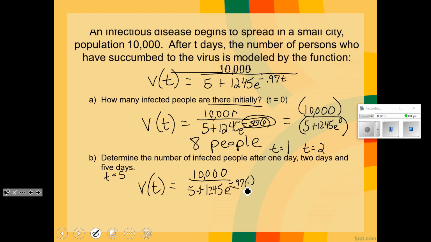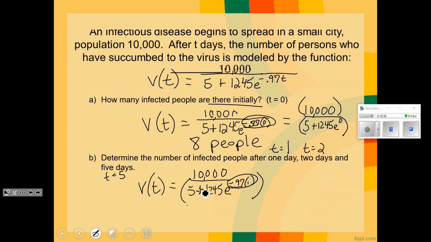I would work this part out first before I put it in the calculator. Okay, you don't have to, but you do have to make sure you put parentheses all around that. So if it were me, I would do 10,000 divided by parentheses 5 plus 1245 e to the, what's negative 0.97 times 1?